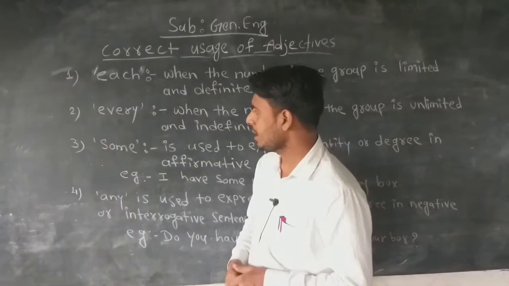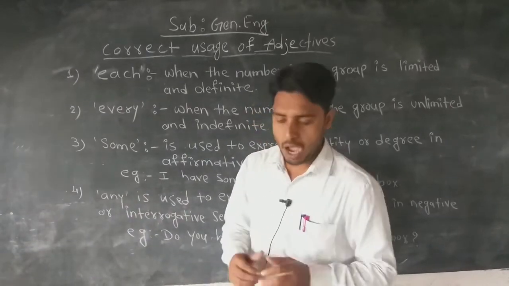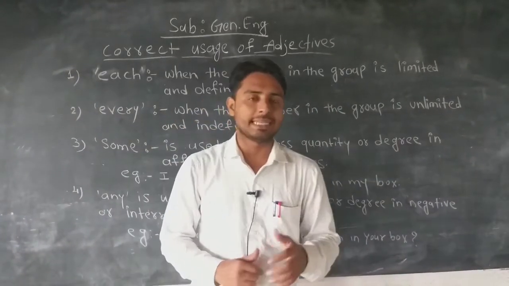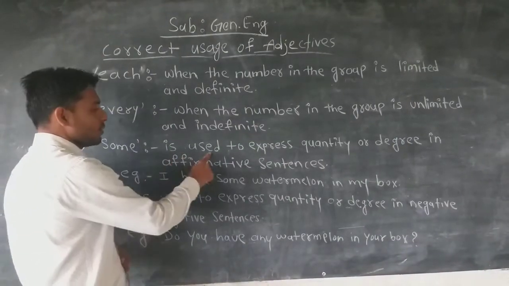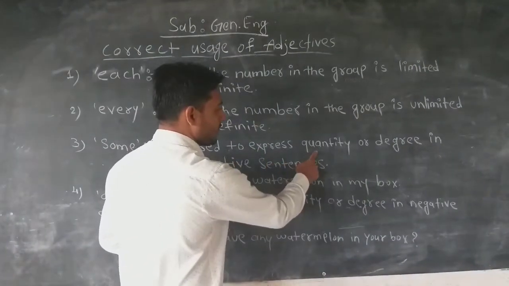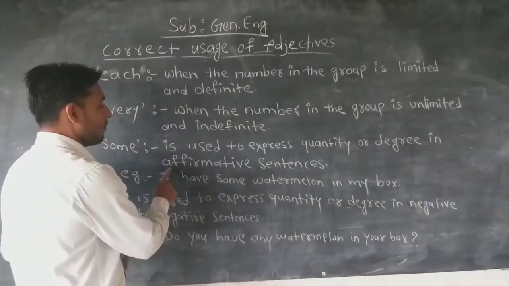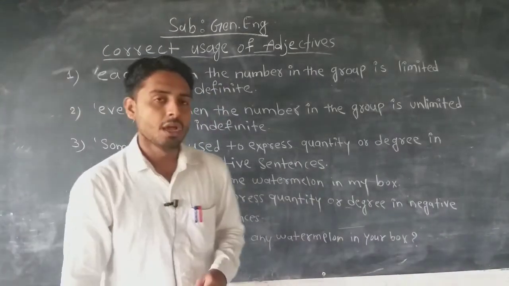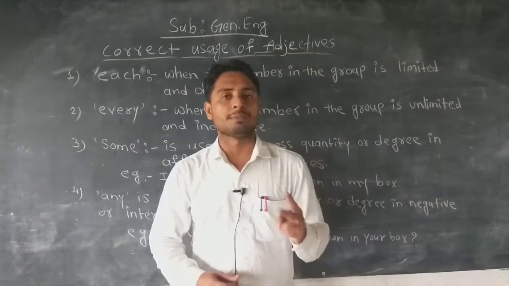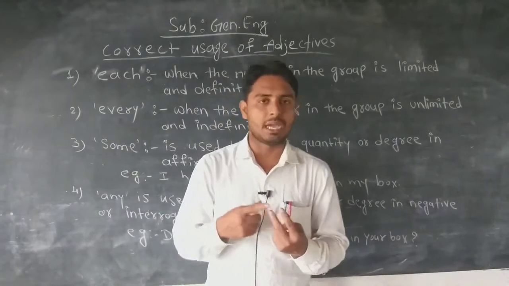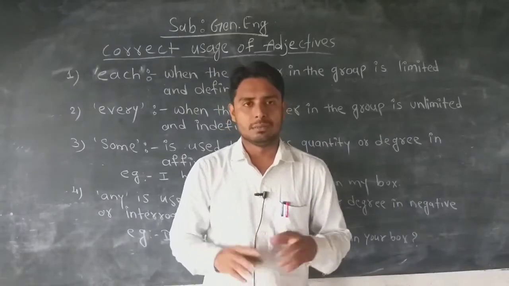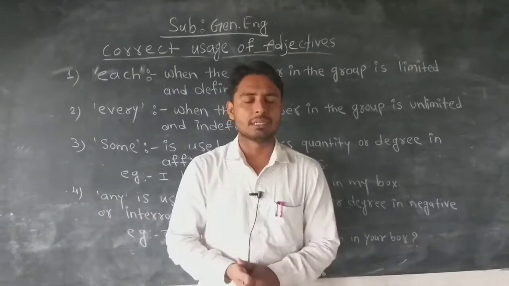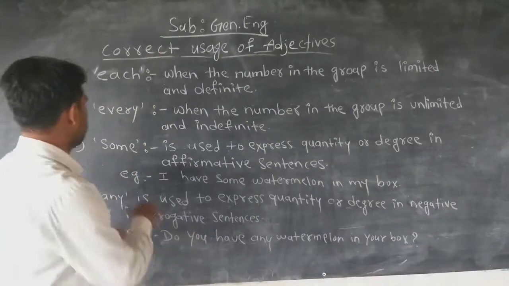And third, some. How can we use some in our sentences? So let's see the definition of some. Some is used to express quantity or degree in an affirmative sentence. We all know that there are two types of sentences, affirmative sentence and negative sentence, and also many other types, but we will learn here some.